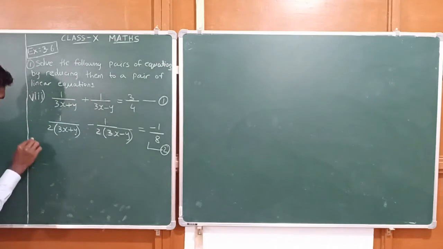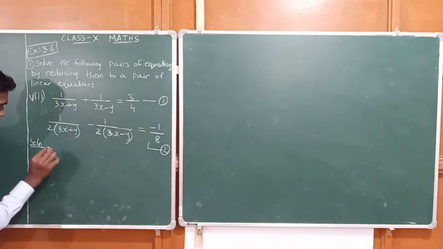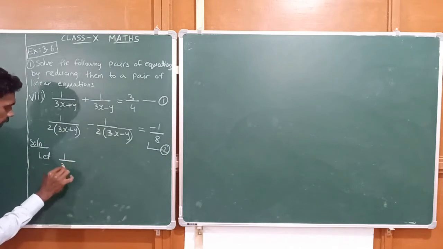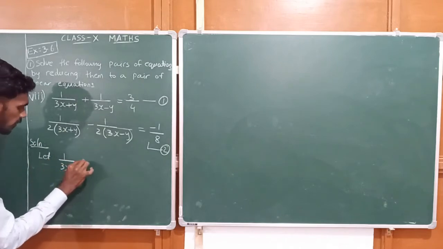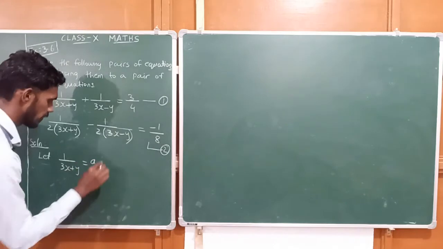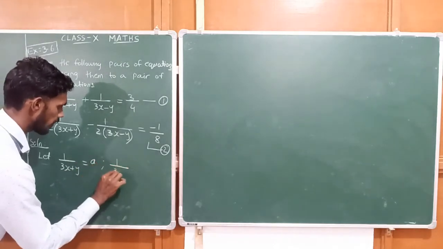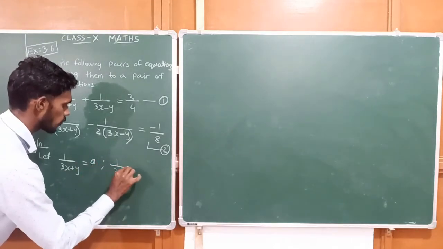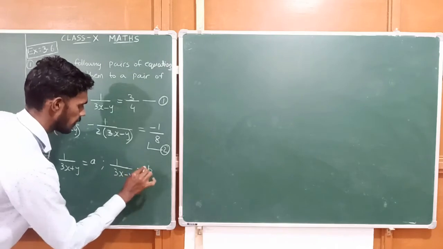So I am going to substitute, let 1 by 3x plus y is equal to a, then 1 by 3x minus y is equal to b.